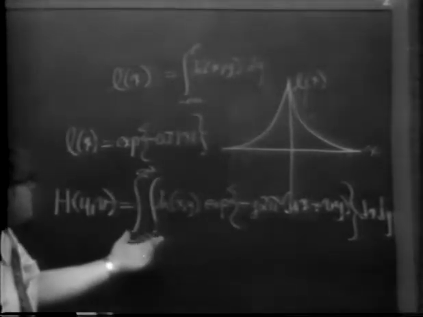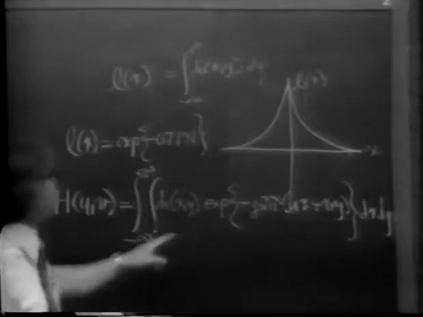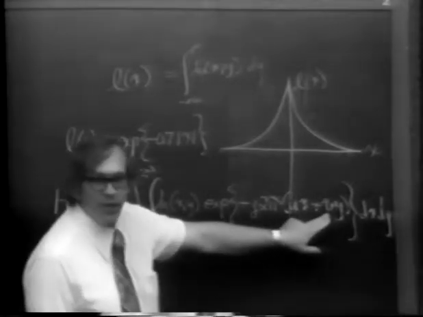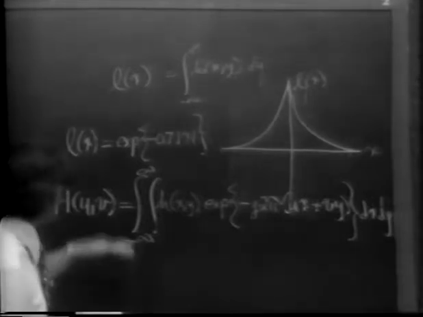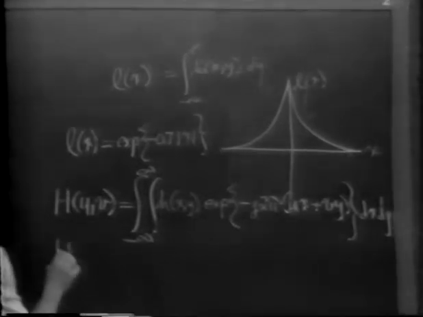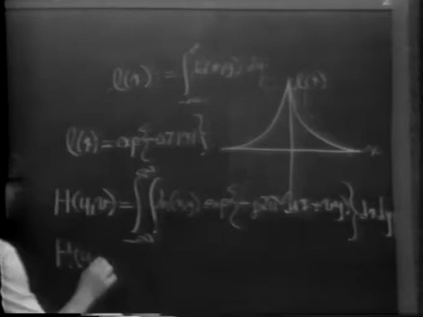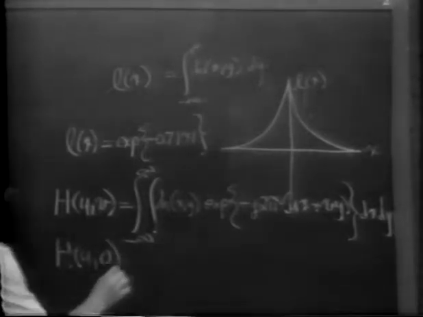Could I manipulate this? What if I in fact set v equal to 0 and then rewrote this particular expression? Let's look at H of u and 0 for v.